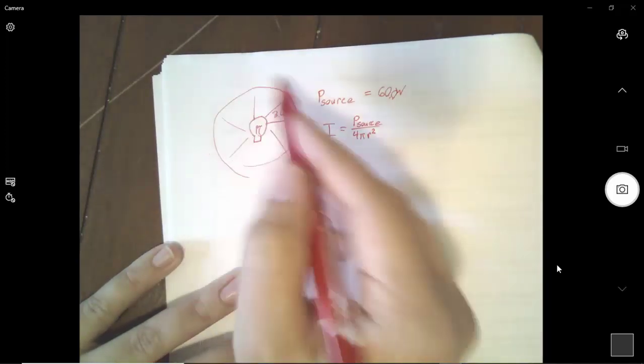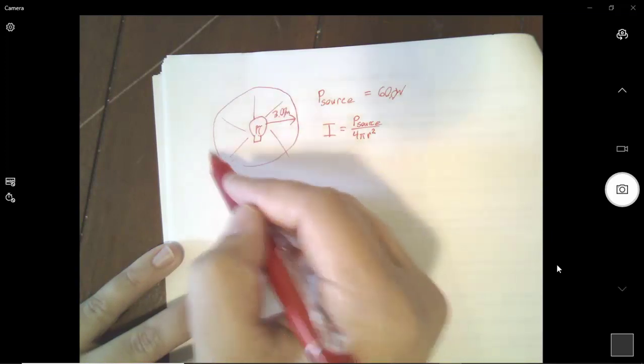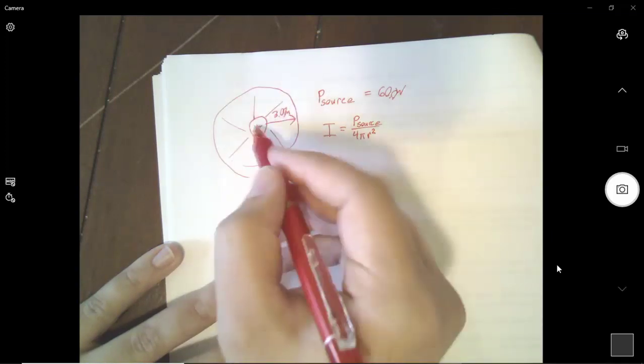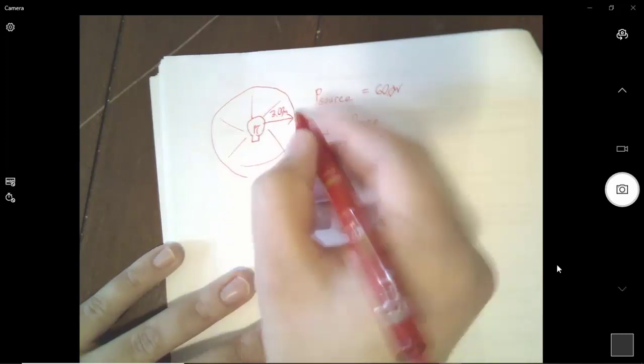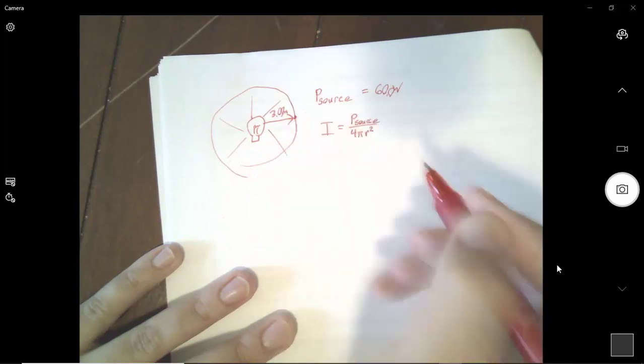And if you remember, the surface area of a sphere is 4 pi r squared.